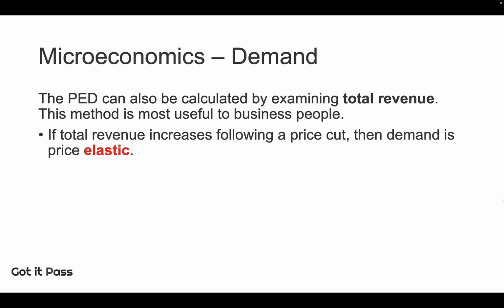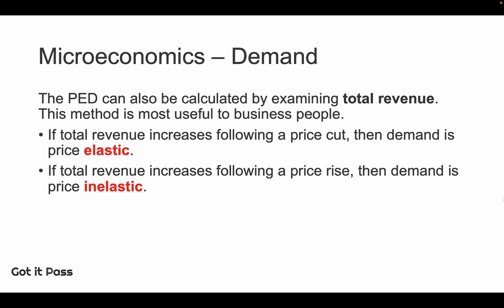Then the total revenue, because total revenue is the product of the price and the quantity demanded, increases based on this price cut. That means the quantity demanded increased significantly more than the price drop, so it helps to increase the total revenue. Then it's easy to understand the quantity demanded has increased and the demand is price elastic.